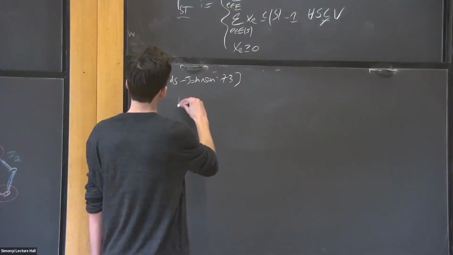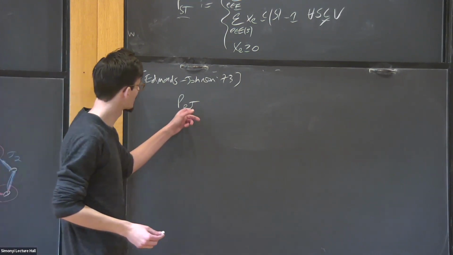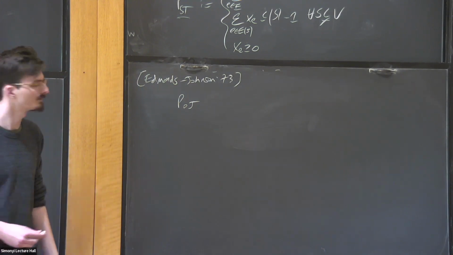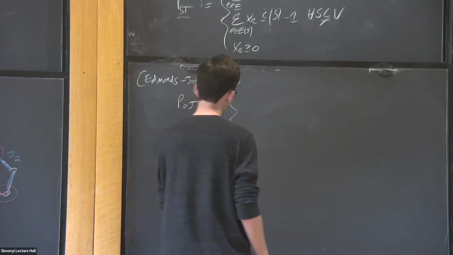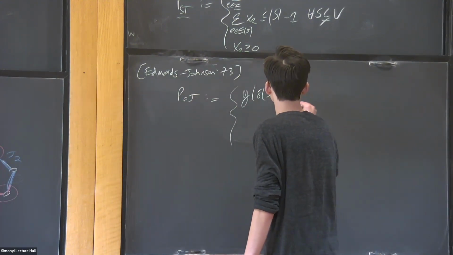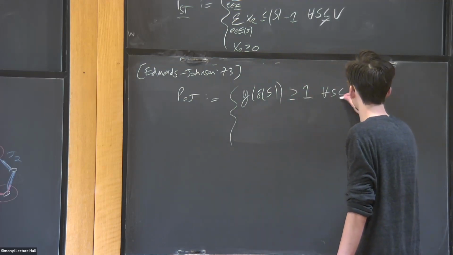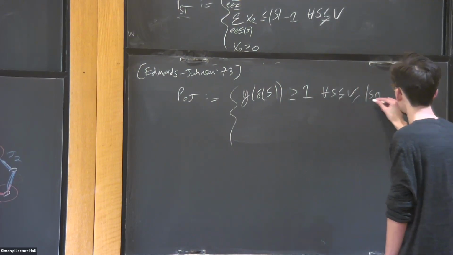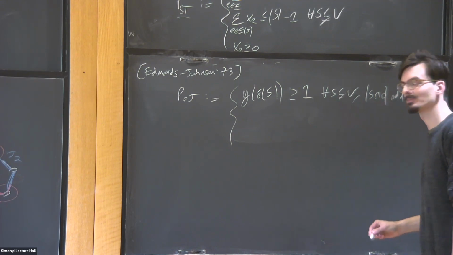And they showed that the O-join polytope, where here O is going to be a variable, it's the set of vertices that we want to have odd degree, is equal to the set of constraints that y(delta(S)) is at least 1 for all sets S in which the intersection of S with O is odd.